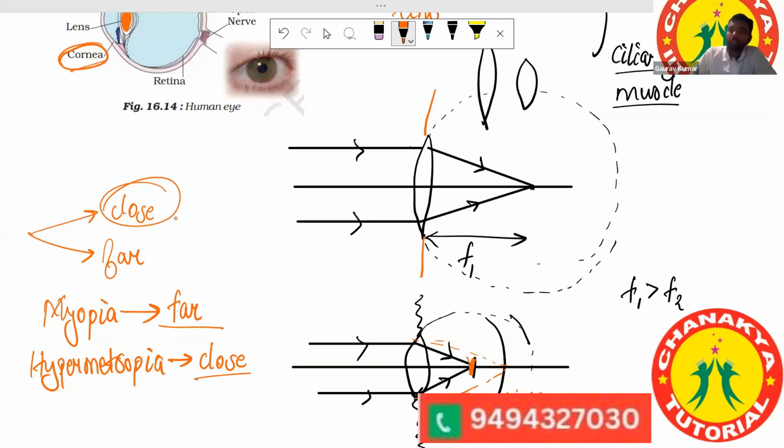So I am explaining how the ciliary muscle works on expanding the lens and contracting the lens. In this case, the muscle is stretched, due to which the focal length of the lens is increased. So either it can make the image on the retina, or in some cases it makes the image after the retina.